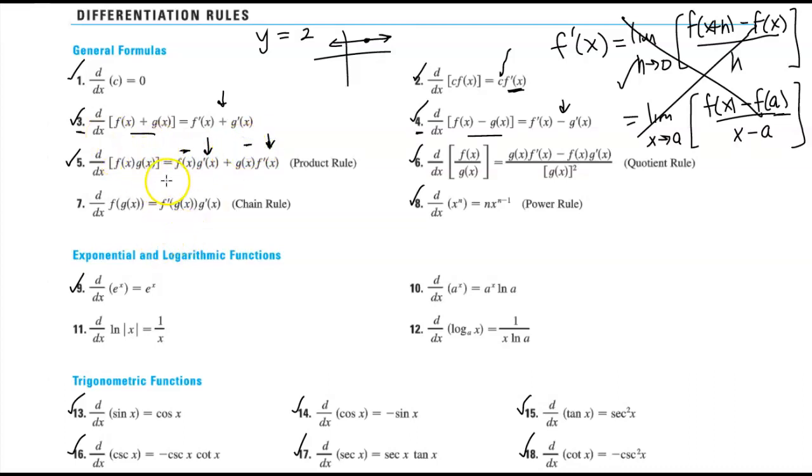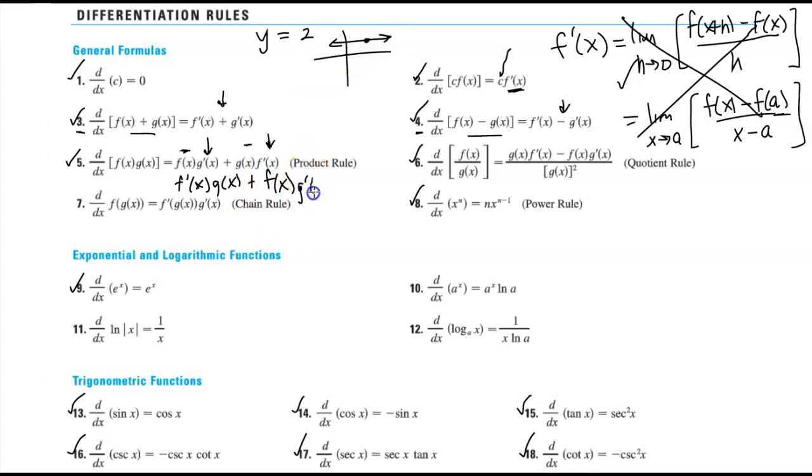Okay, and we could write this the other way as well. We could say that this is the derivative of the first times the second plus the derivative of the second function times the first. You could write it that way, or how I actually like to do it is I like to leave the f's and the g's all in the same place here.